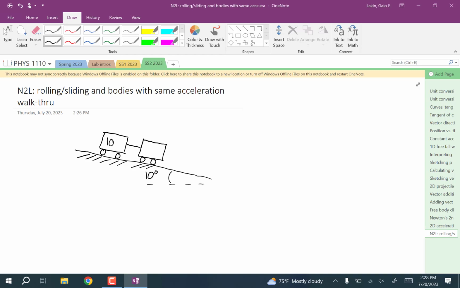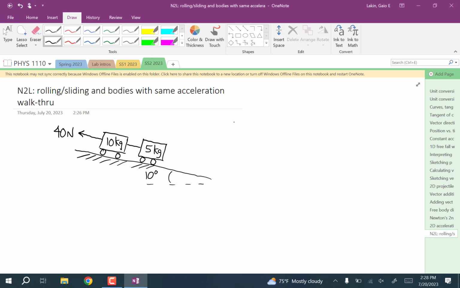Let's say that this one is 10 kilograms and this one is 5 kilograms. And there's a force of 40 newtons applied that way. And we don't know what's applying that force. It could be a cable or whatever.